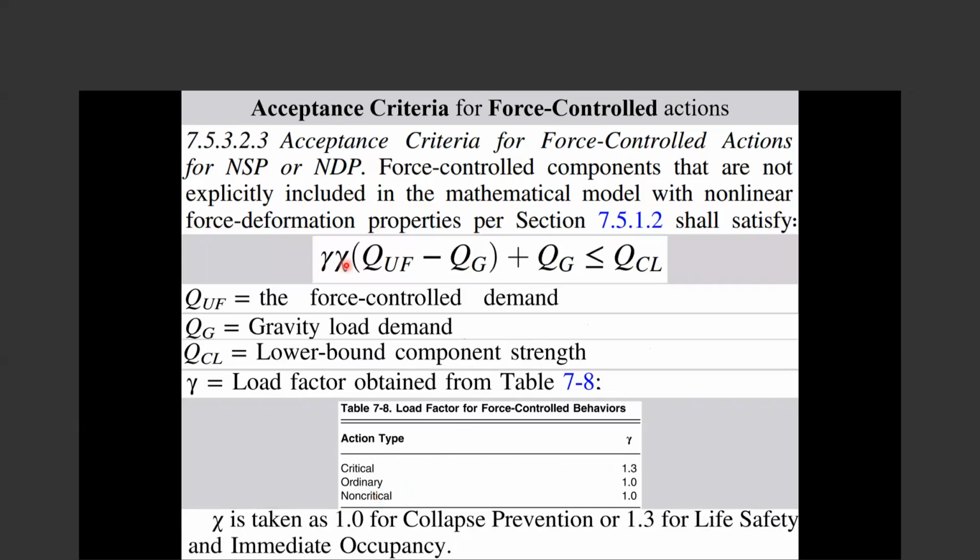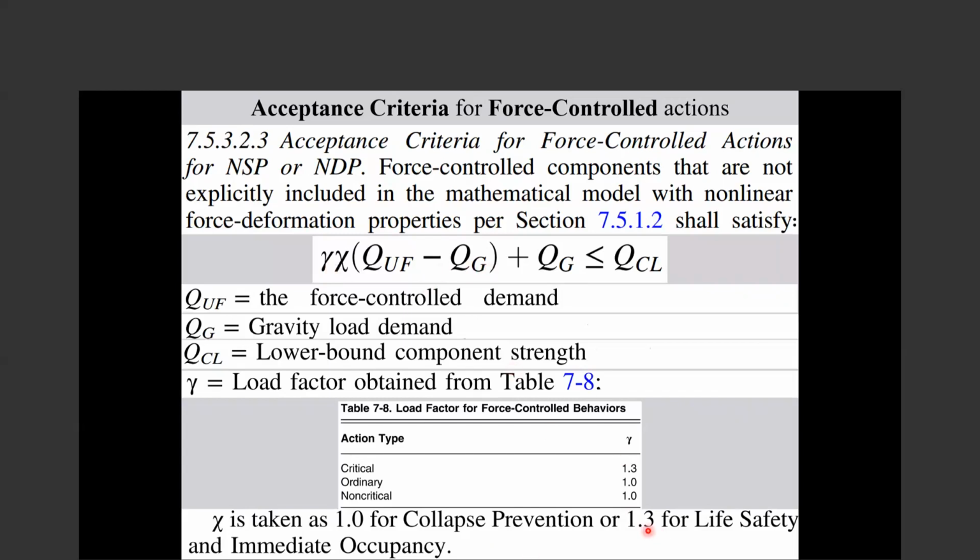And one factor is for the consideration of the performance level, because during the lots of study that have been done, it is shown that for the force control elements, for life safety or immediate occupancy, you need a more conservative approach. But if you look at them at collapse prevention, you don't need.